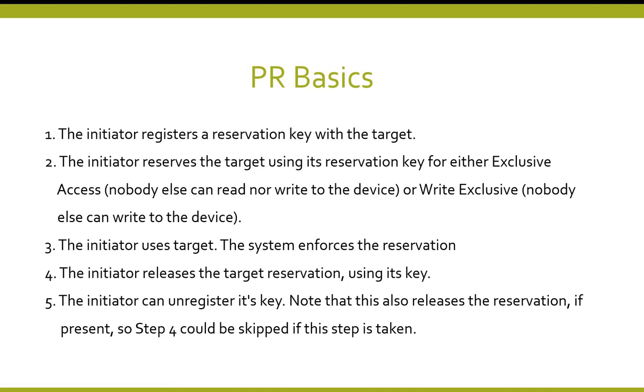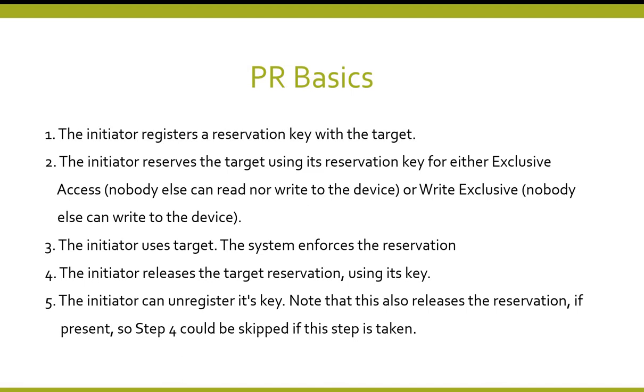So, for example, if I register a key and I'm an initiator with an initiator ID that reserves it, the target code inside the array will use the initiator ID and match it up with a key. So that's how it knows. And so multiple initiator IDs can use the same key, and that's how it works with multipathing.